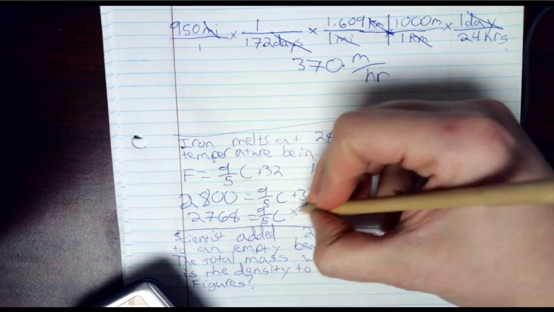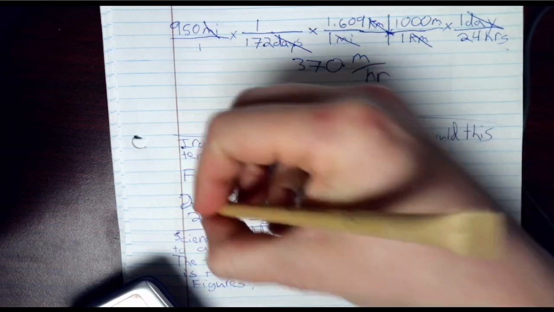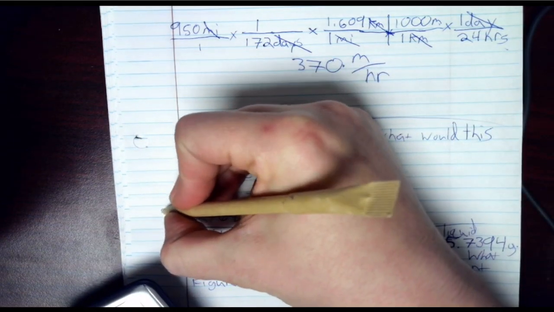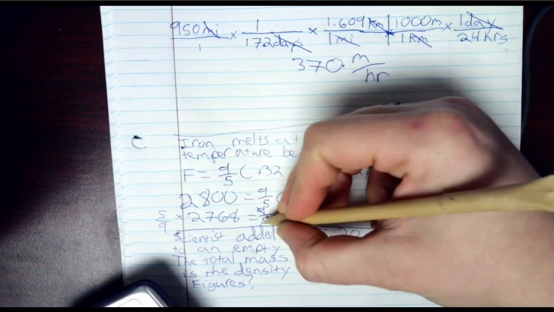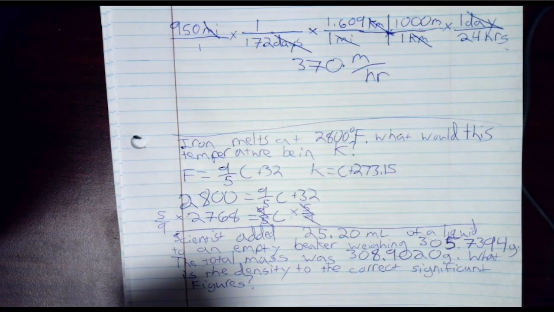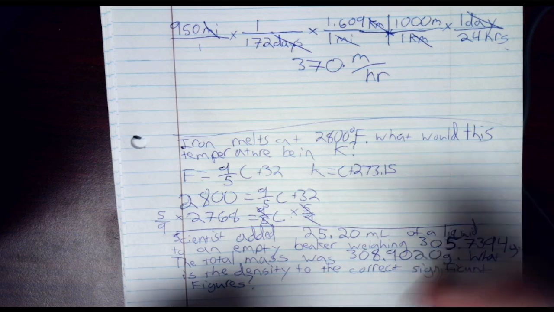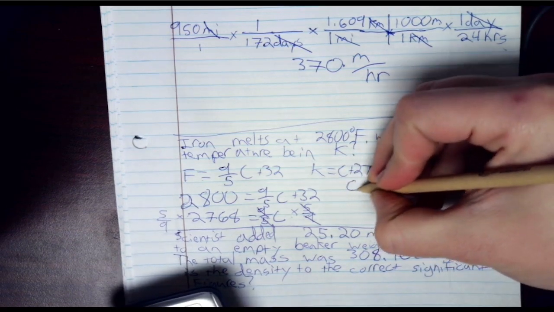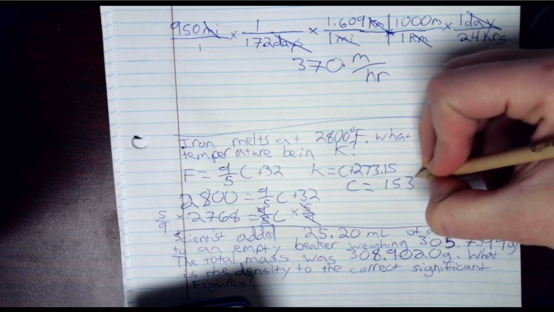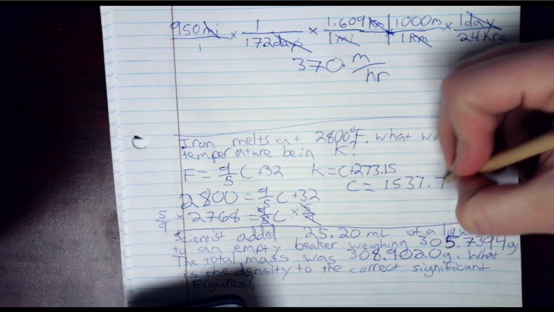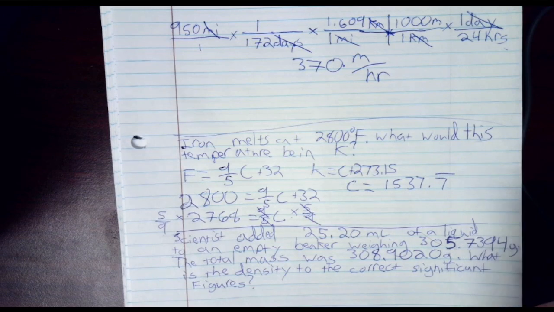So to do that, I would multiply both sides by 5/9. 5/9 is going to cancel out that on that side. So 2768 times 5/9 is going to give us my Celsius is equal to 1537.7 repeating.